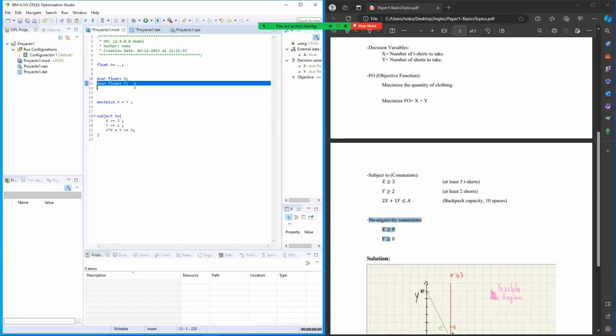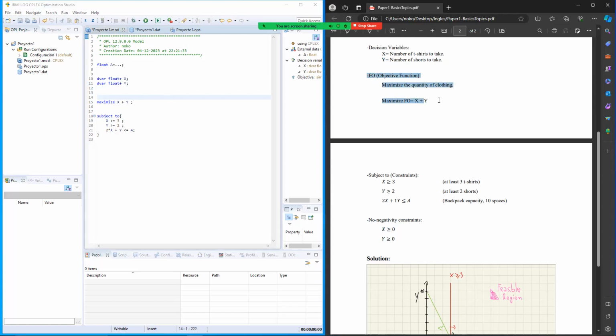And the same for the second variable with the letter y. Then we need to write the objective function, and that is maximize, and the function maximize is the keyword, and x plus y.